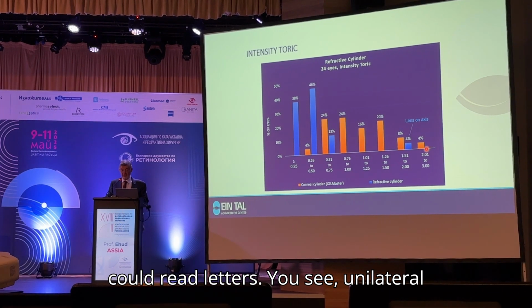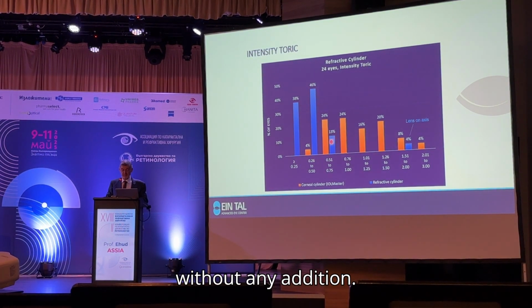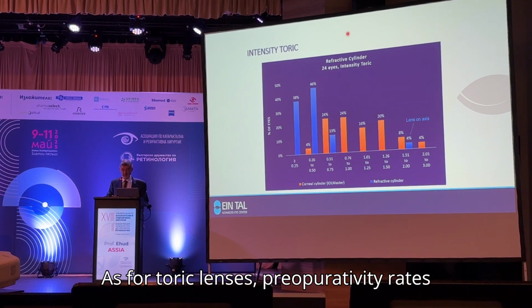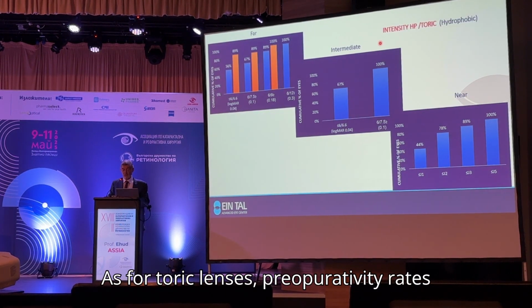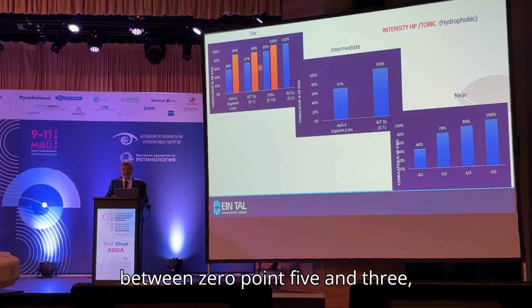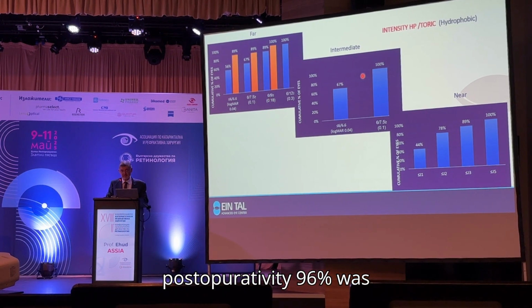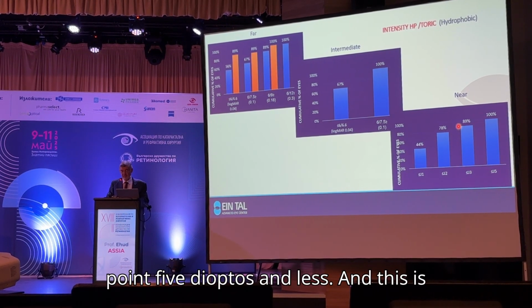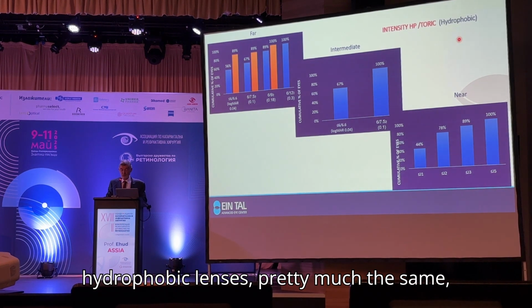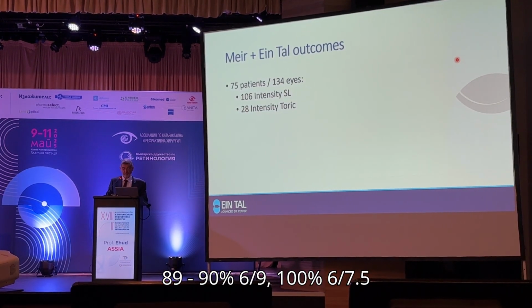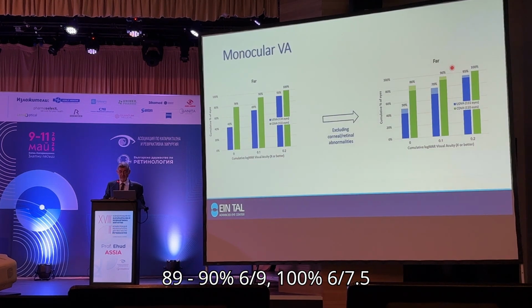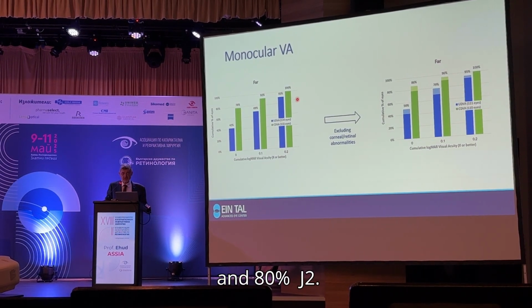You see, unilateral without any addition. As for toric lenses, preoperatively the astigmatism ranged between 0.5 and 3, postoperatively 96% with 0.5 diopters and less. And this is hydrophobic lenses, pretty much the same, 89%, 90% 6.9, 100% 6.7.5, and 80% J2.